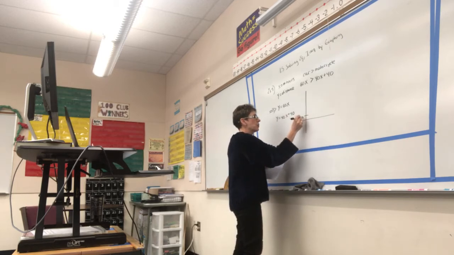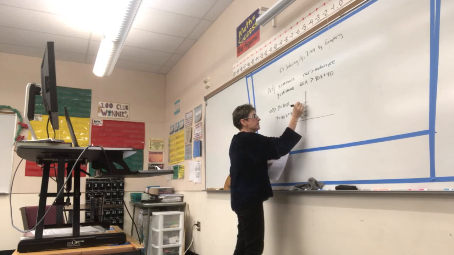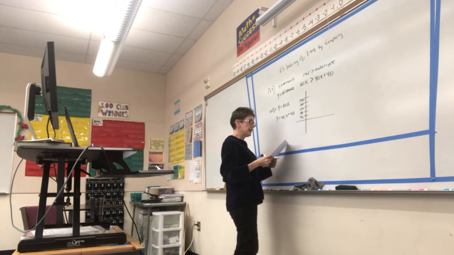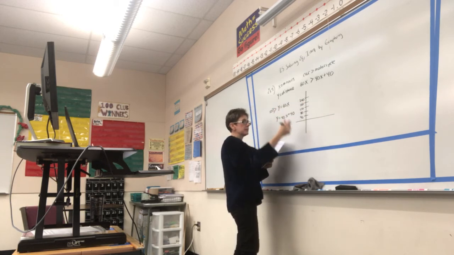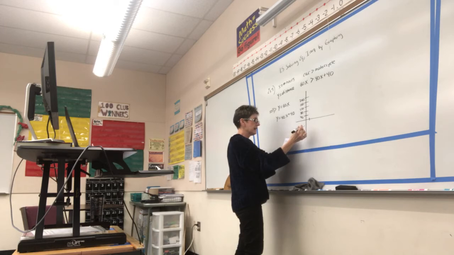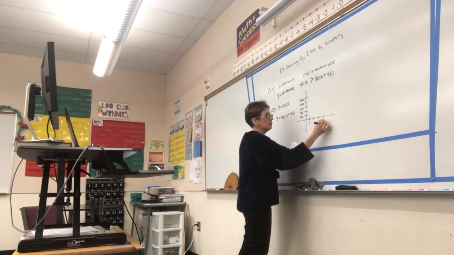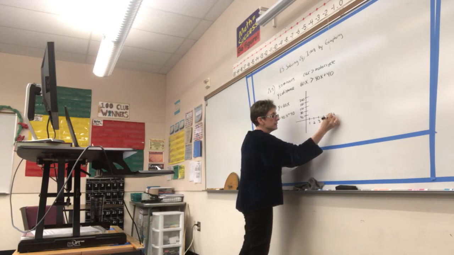Now, when I graph this, I skip counted by 40s on the y-axis. So I did 40, 80, 120, 160, 200. And then on the x-axis, because this is time, I just skip counted by 1. So 1, 2, 3, 4, 5, and 6.